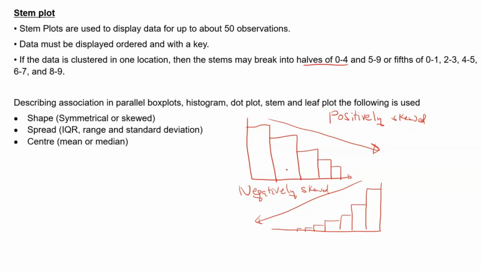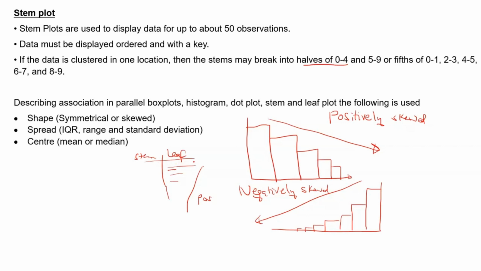So that is for a histogram. For a box plot, you look at where the median is. If the median is towards the left-hand side, that's positively skewed. If it's a stem and leaf plot, if most of the data is at the top, that is positively skewed. This is the leaf side and that's the stem side.